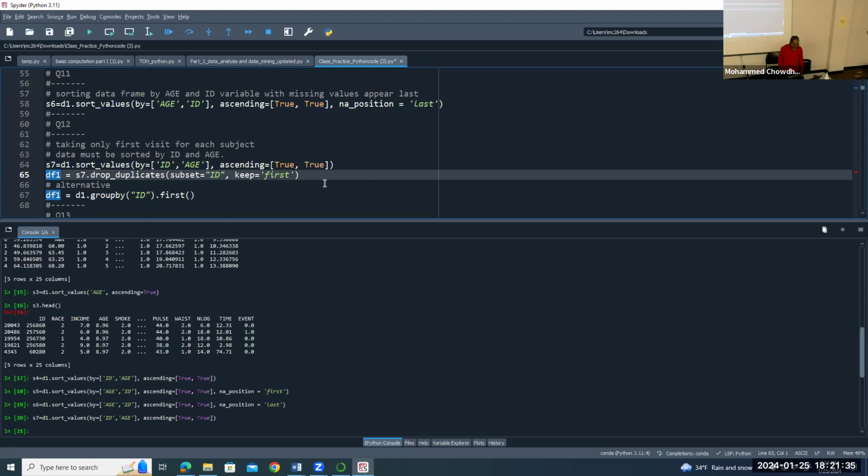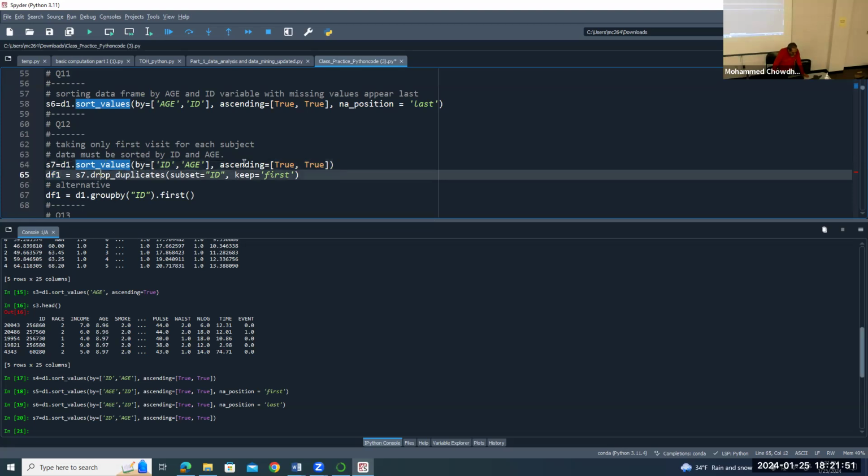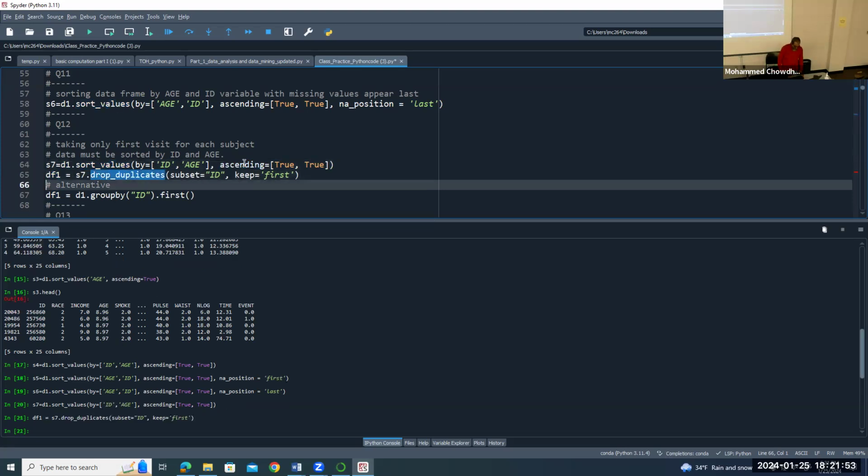So I write here, taking only first visit for each subject, data must be sorted by ID and age variable. That is why I first run line number 64, and after running it, then we have to run this. Are you seeing here?